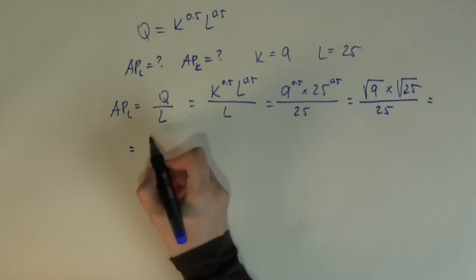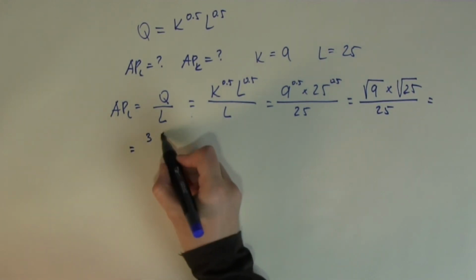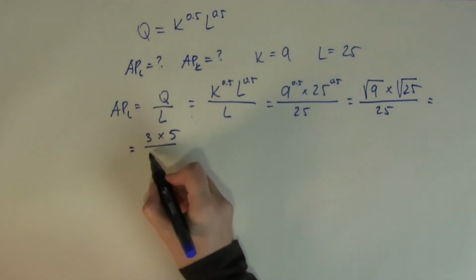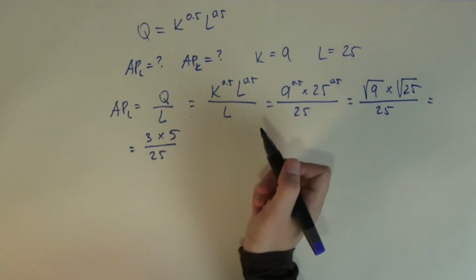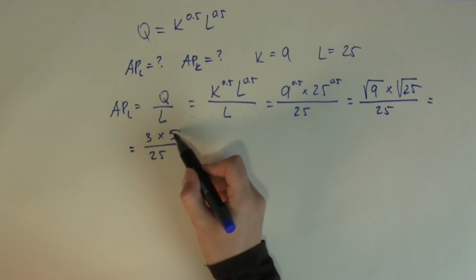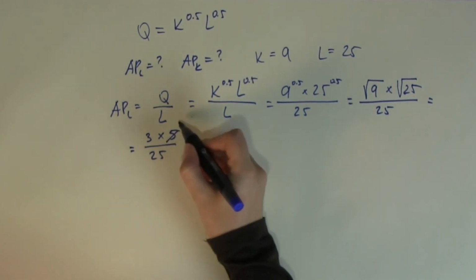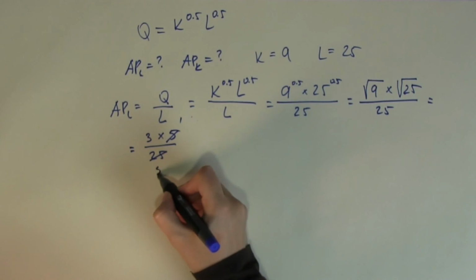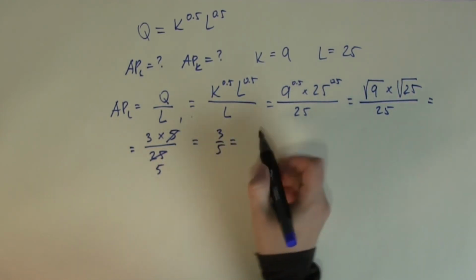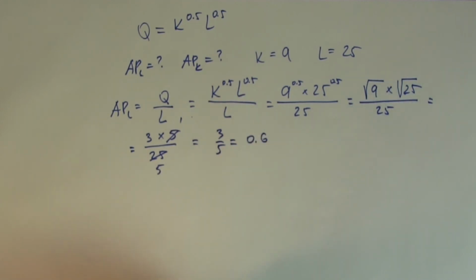Square root of 9 is nice and easy, 3. Square root of 25 is nice and easy, 5. Then I can cancel down the 5 and the 25, so that cancels down to 1 and this cancels down to 5. So what I end up with is 3 over 5, and that is 0.6.